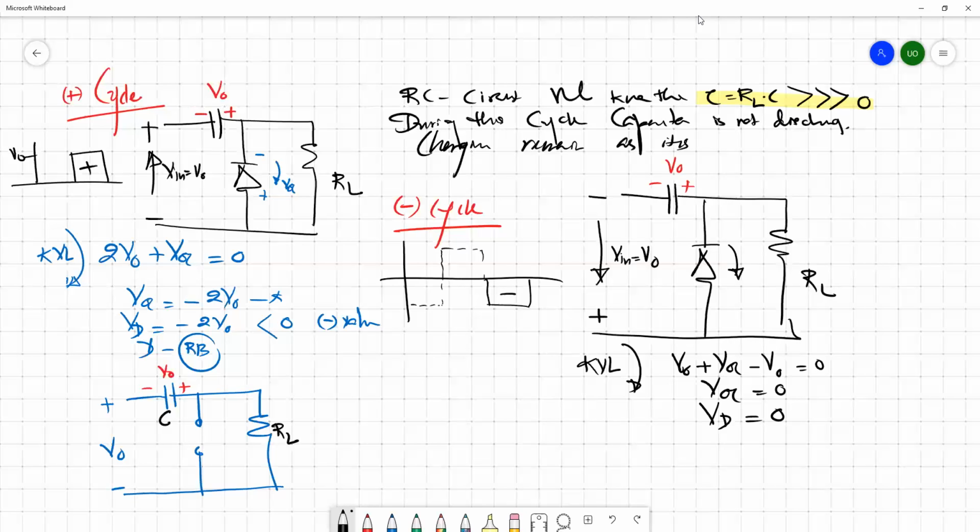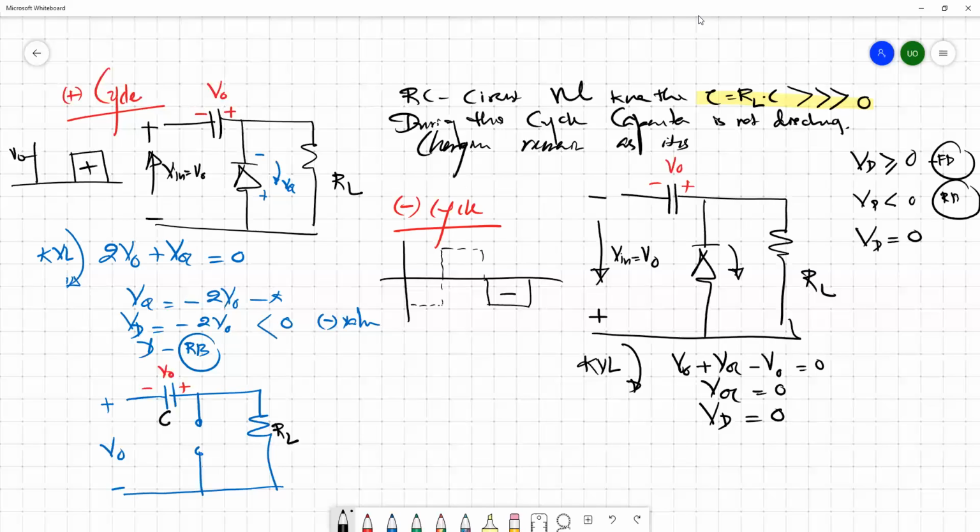So from the very basics we know that VD is greater than or equal to 0 to make it forward biased if it is an ideal diode. VD is less than 0 to make it reverse biased. So then what happens? VD equals 0.